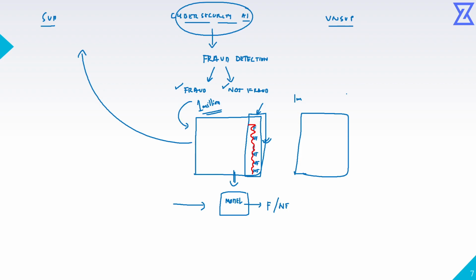Anybody answer in the chat box. Just imagine your company has given you 1 million transaction records. You have to do fraud detection. But how will you start? You don't know which one is a fraud and which one is not.